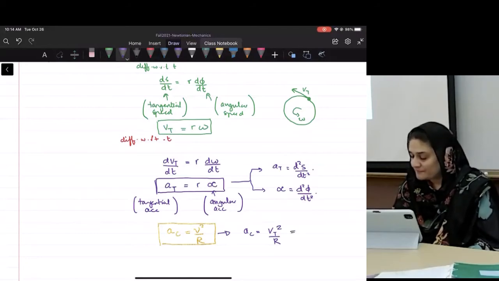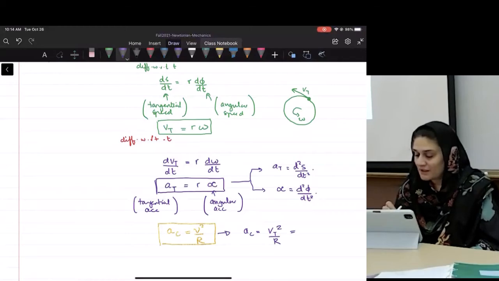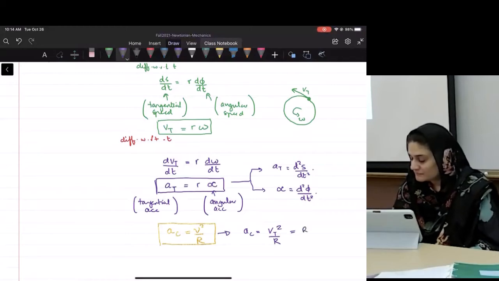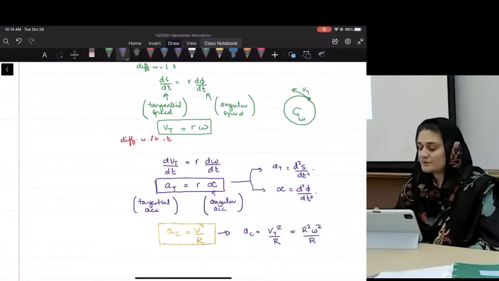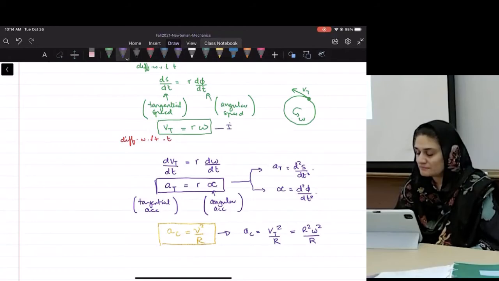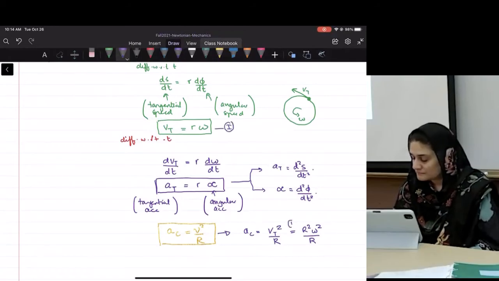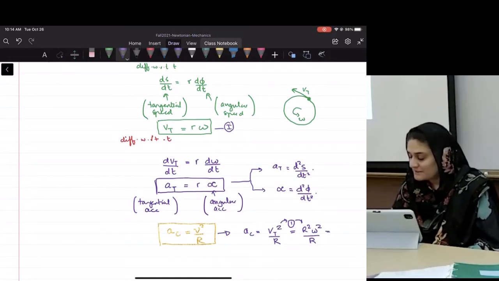This will become r squared omega squared over R. So I'm using equation 1 here. So that means my a_c becomes R omega squared.